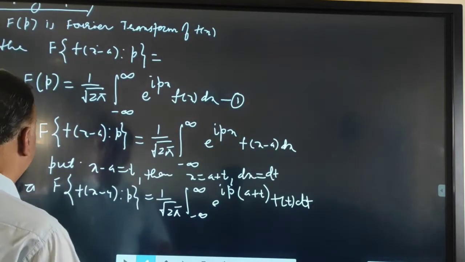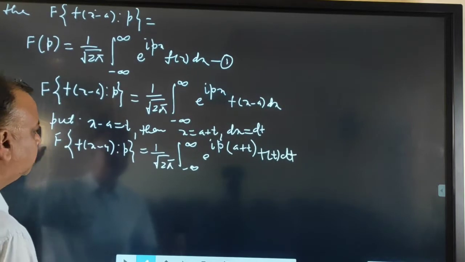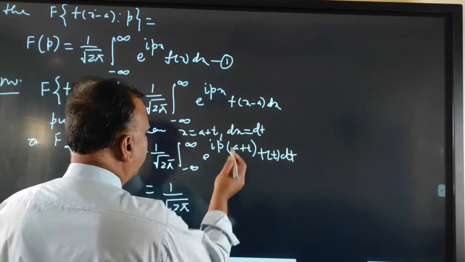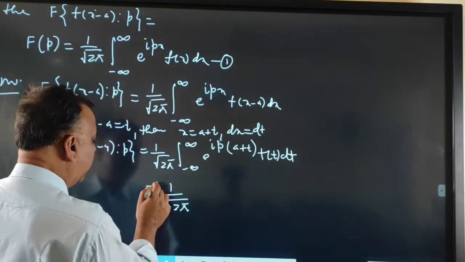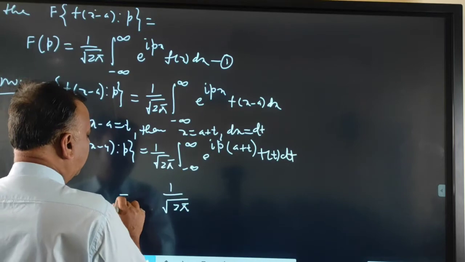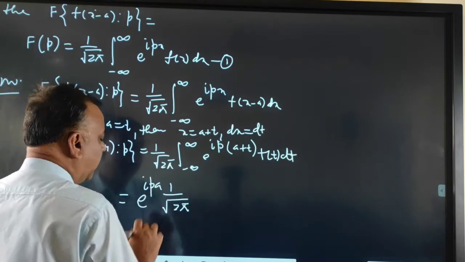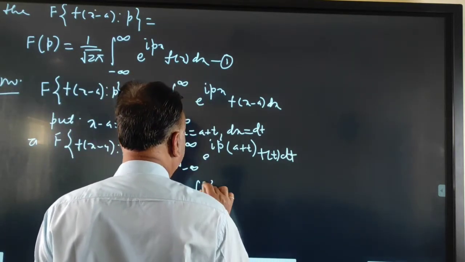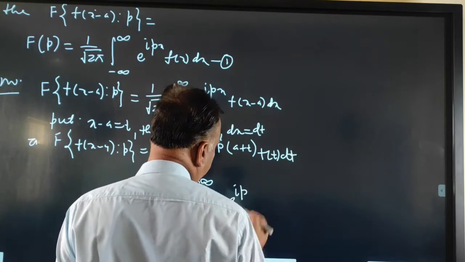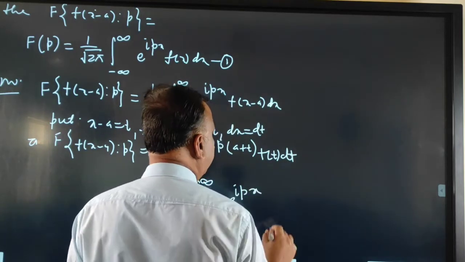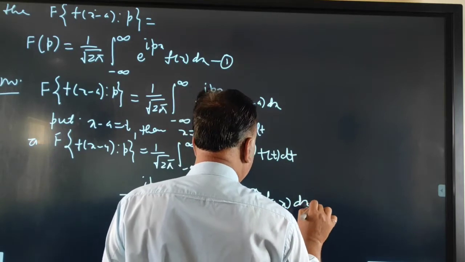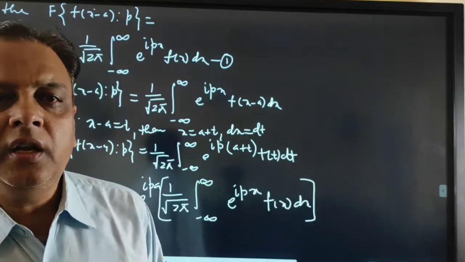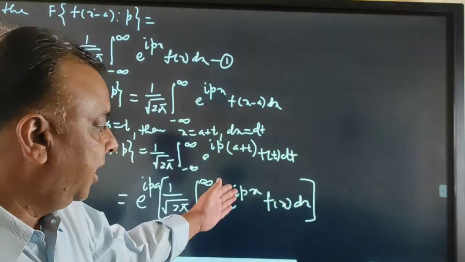This can be written as 1 upon root 2 pi, and e raised to iota pa can be taken outside the integral. Then 1 upon root 2 pi integral from minus infinity to infinity e raised to iota p t f(t) dt. If t is replaced by x, then this is e raised to iota px f(x) dx. And we see that the value of the integral is nothing but the Fourier transformation of the function f(x).